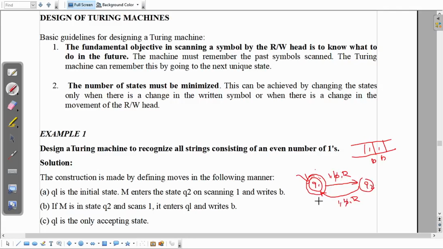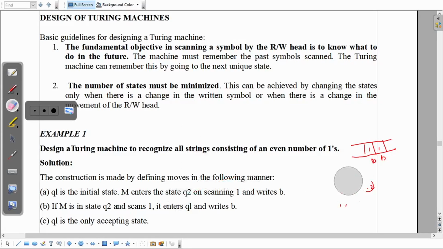From Q2, when the machine enters state Q1 after reading 1, that also is converted to blank and it takes a right move, as shown in the second step. And finally, remember you need to be in the final state Q1 to tell that the particular string has been accepted by the machine.